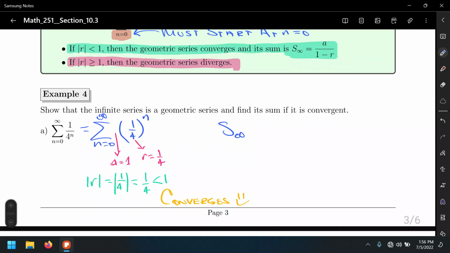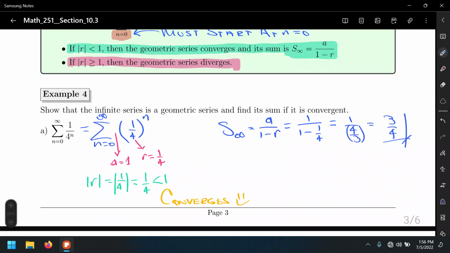Now we're looking for the infinite sum, and that's given by a over 1 minus r, which in this case is a equals 1 and 1 minus r, which is 1 minus 1/4. What is that? 3/4. And dividing by 3/4 is the same as multiplying by the reciprocal, which is 4/3.